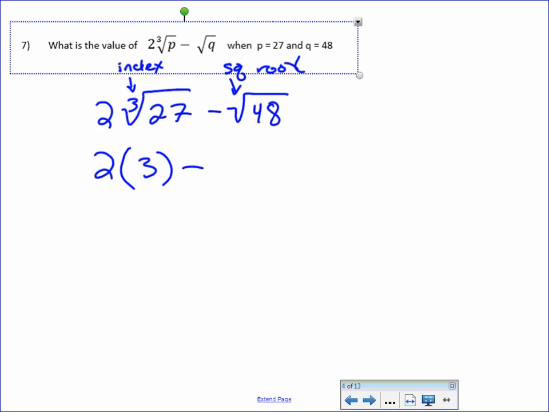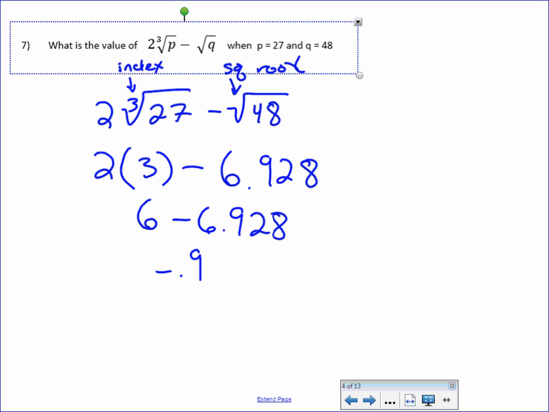But for now, we'll just write it as a decimal, which is 6.928. We'll go to 3 decimal places because that's the standard for calculus. And we'll get negative 9.28.